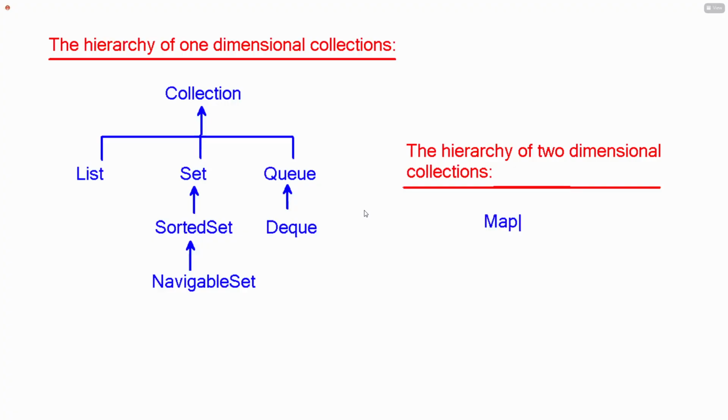Map. Sorted map. Tree map, sorry, navigable map.